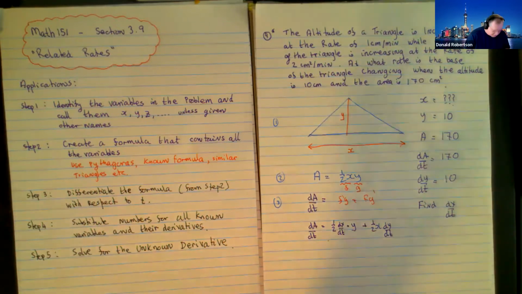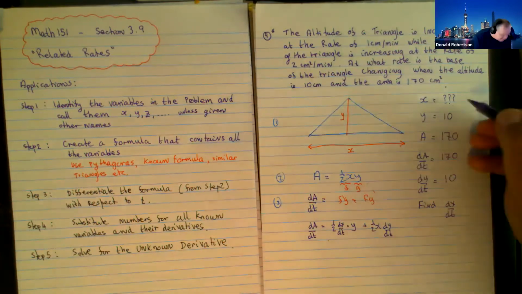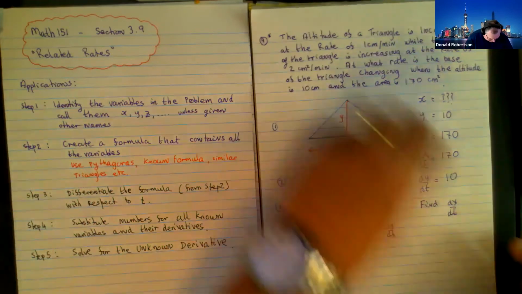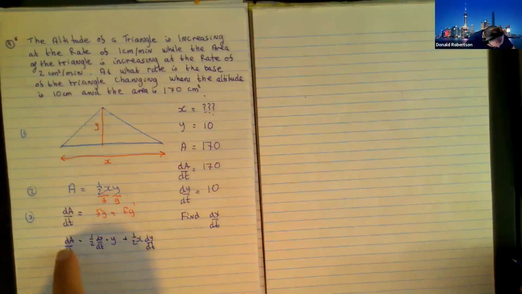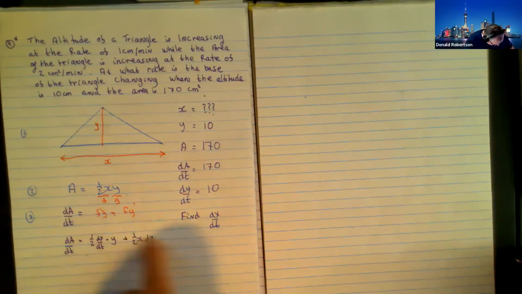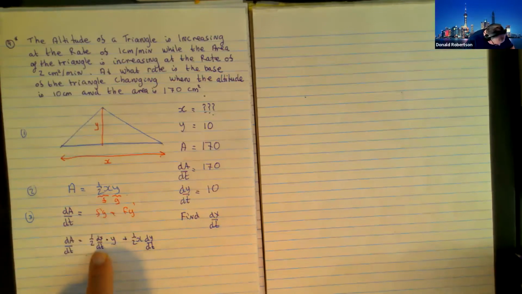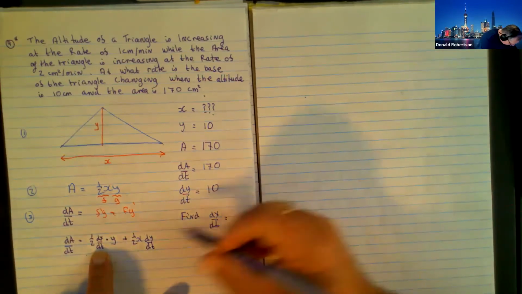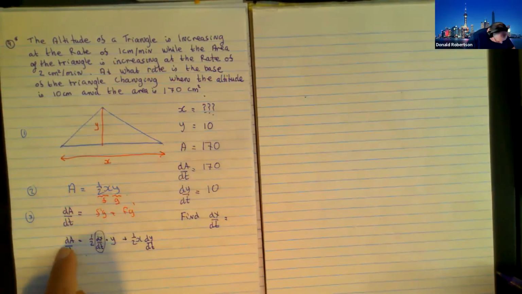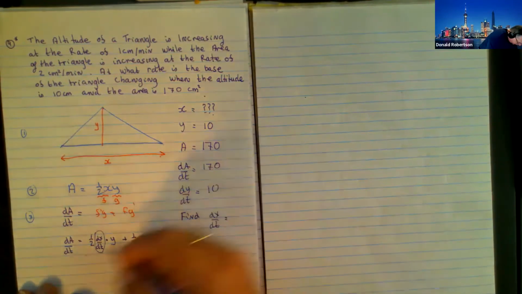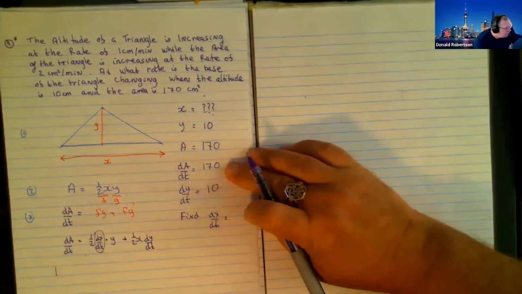Now, it would have been nice if they just said, you know, the base was 20, the height was 40, and the area was whatever, right? But they haven't. And remember yesterday when I tried one and it didn't work? This one's going to work. So I'm going to be plugging in numbers for all of these things except for one guy. Well, that means I'll need to know that number, which I do. It's 170. Oh, wait a minute. Let's check my story.